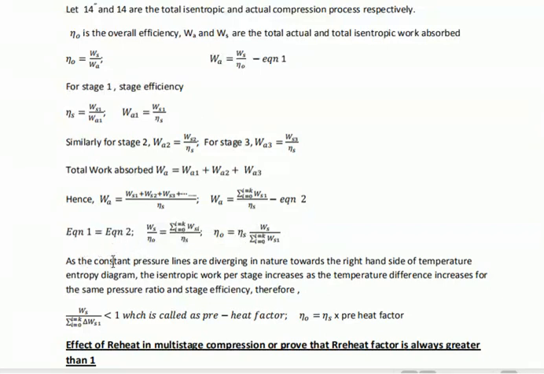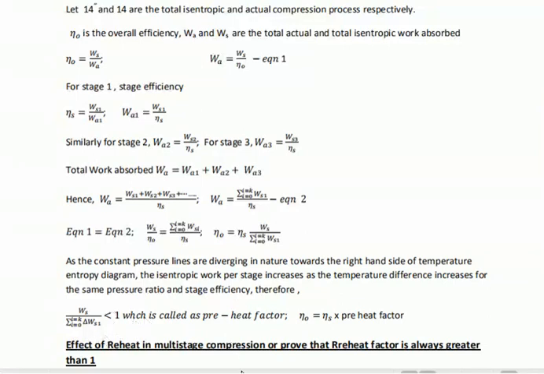The constant pressure lines are diverging in nature towards the right-hand side of the temperature-entropy diagram. The isentropic work per stage increases as the temperature difference increases, for the same pressure ratio and stage efficiency.